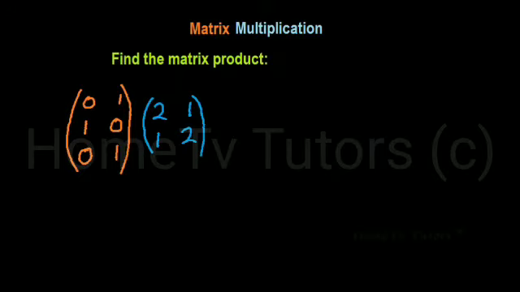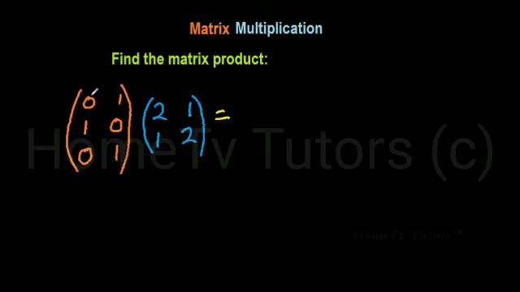So now let us take a look at this question. We have a 3 by 2 matrix to multiply by a 2 by 2 matrix. Okay, so as usual, we take the row of the first matrix, we use it to multiply the columns of the second matrix.